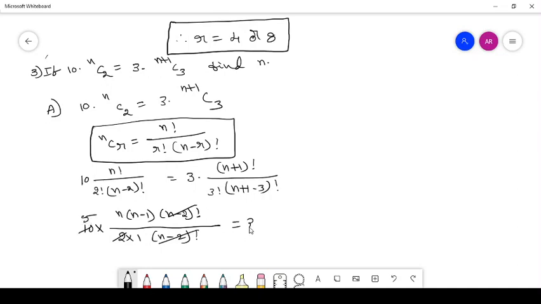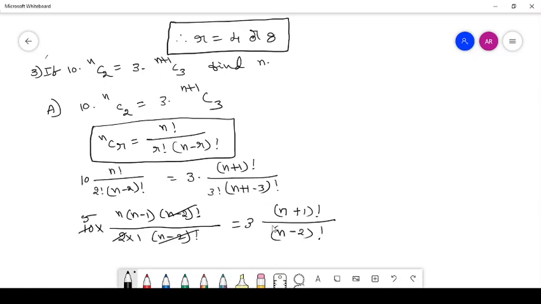Here 3 into (n plus 1) factorial. (n plus 1) factorial can be written as (n plus 1) into n factorial, by (n plus 1 minus 3) factorial, that is (n minus 2) factorial.